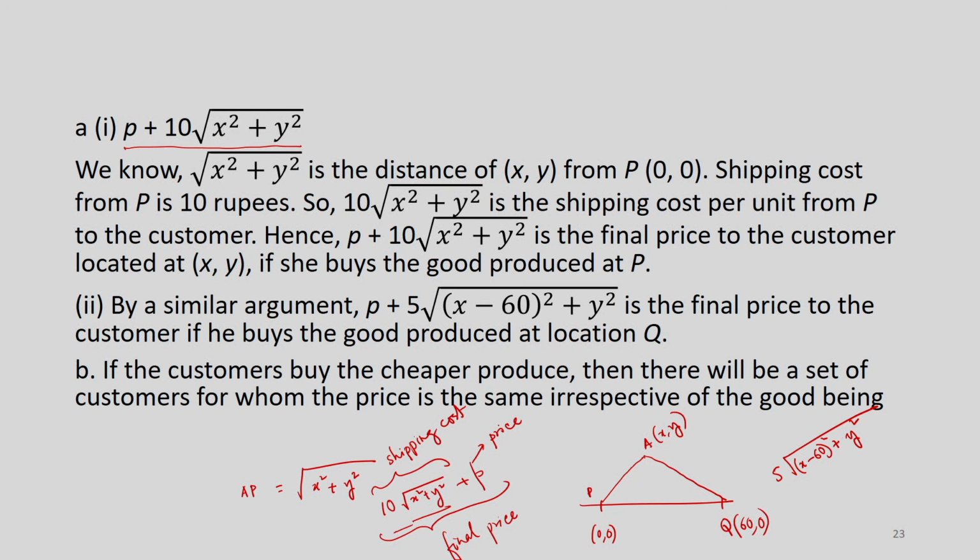Therefore, 5 multiplied by this total distance is the cost of shipping, and with that you are adding small p. This is the price at Q. So, the entire expression, p plus 5 multiplied by root over (x minus 60) whole square plus y square, is the final price that this customer has to pay if he decides to buy the good produced at Q. Okay. So, we have answered these two questions.